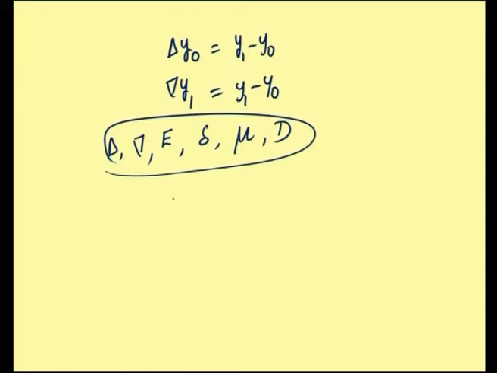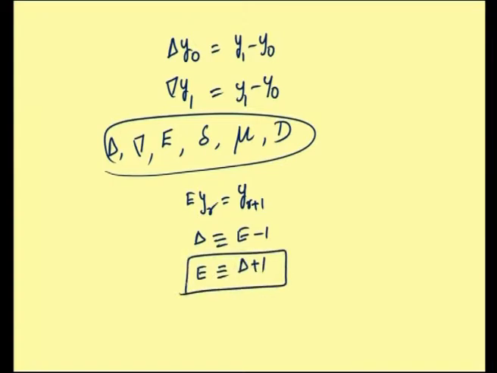I will just write down the relationship between the operators. E y_r is equal to y_(r+1), it is a shift operator, it shifts y_r to y_(r+1). So, delta is equivalent to E minus 1 and E is equivalent to delta plus 1. This is one relationship between E and delta, and similarly nabla is equal to 1 minus E to the power minus 1.